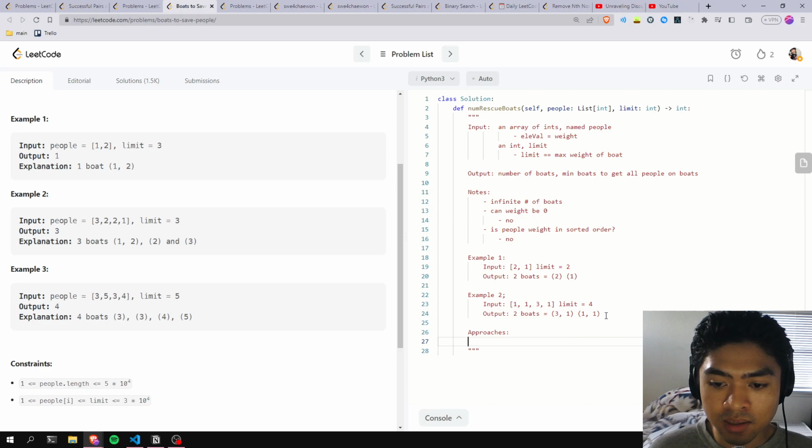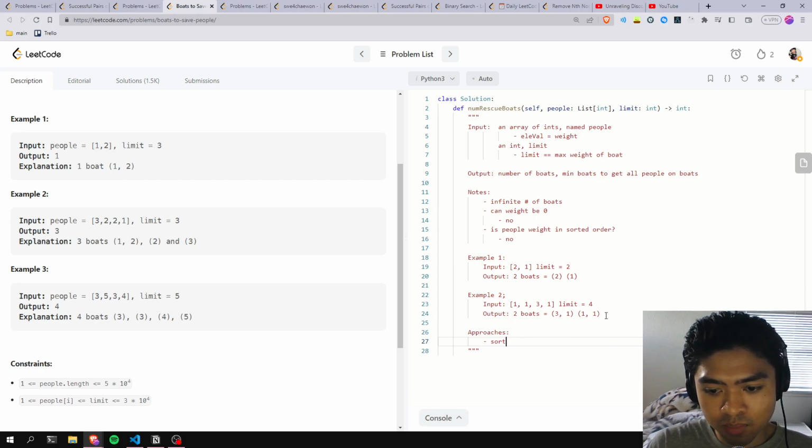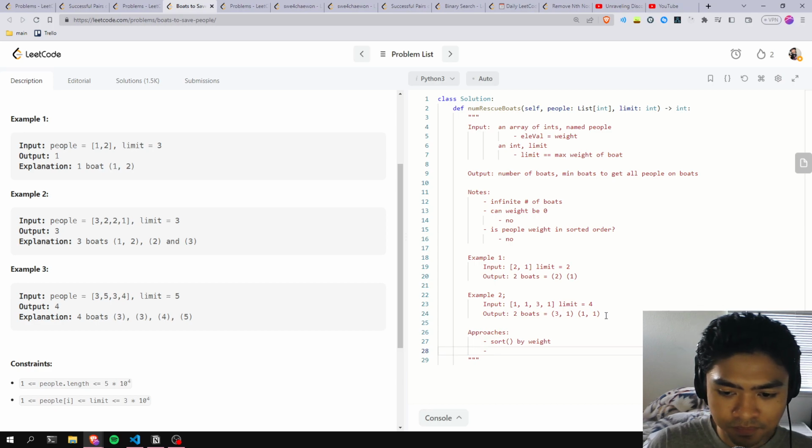So what I'm thinking is that we can sort people by weight and distribute accordingly.